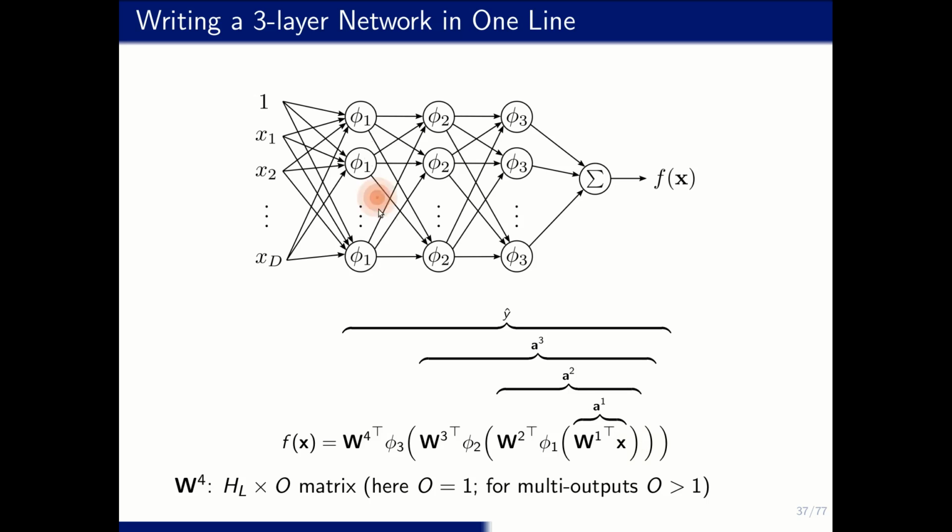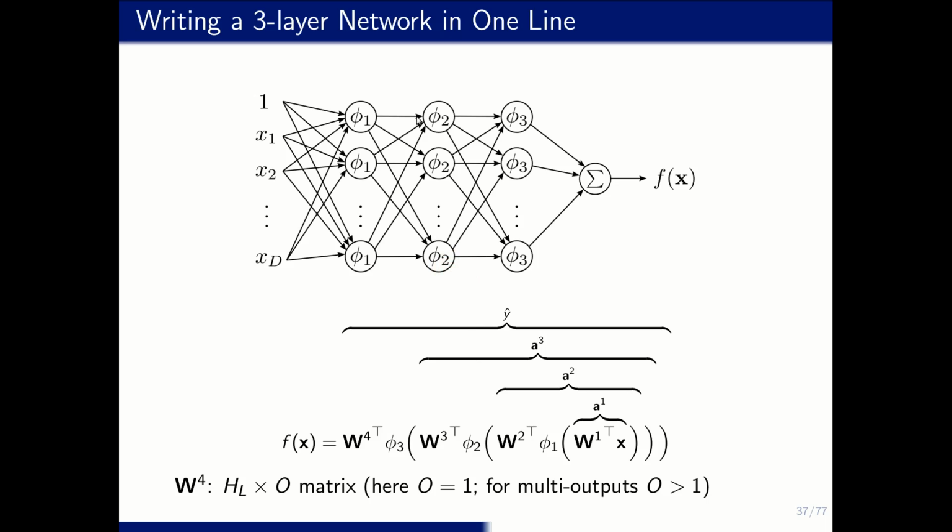And now we are looking at all these weights, and they are just collected in a big matrix W2. And now the activations of the second layer, this A2, are just this matrix times the output of the first layer. And if we apply the nonlinearity phi2 to these activations, we have the output of the second layer.